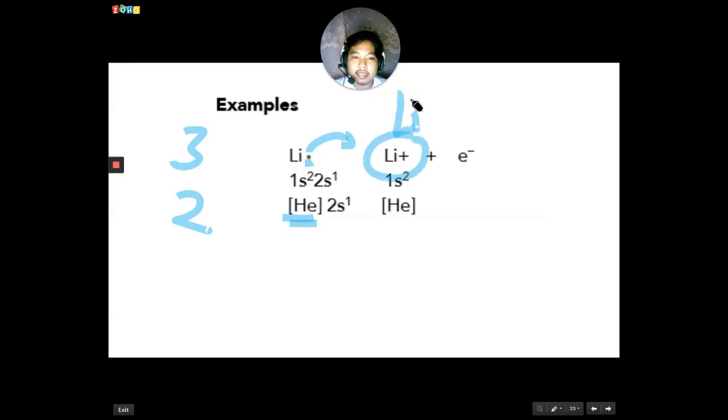So, the positive should be on top. And a free electron. This becomes a free electron waiting to be accepted by someone. It will float in the air for quite some time. So, it's now a free electron.